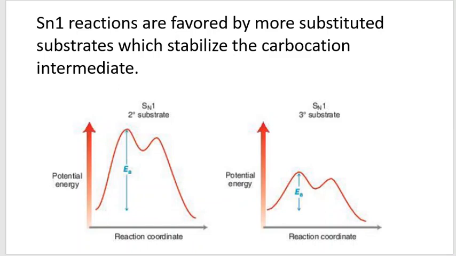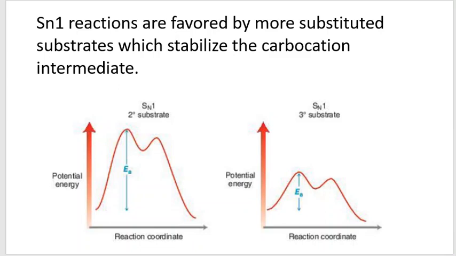Okay, so if you have a primary alkyl halide or other similar substrate, then the reaction will occur by SN2. If you have a tertiary substrate, then your reaction will occur by SN1. So the question then becomes, well, what about the secondary substrates, the ones in the middle?